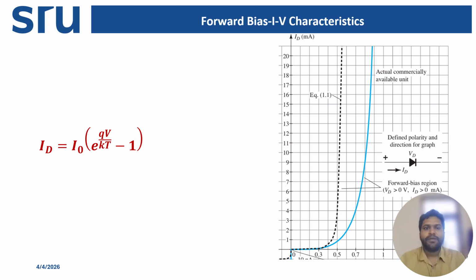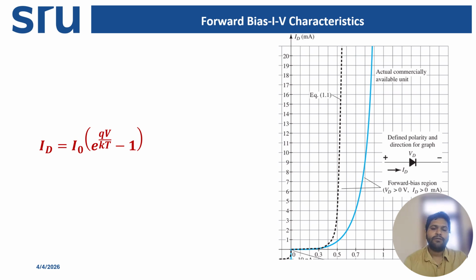Now let us see what happens in the IV characteristics curve when applying the forward bias voltage. We have the diode current equation: I_D equals I_0 e raised to the power qV by kT, minus 1.